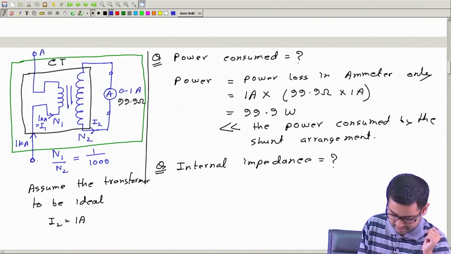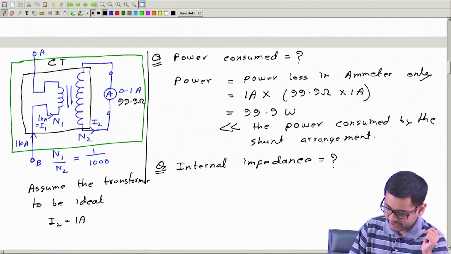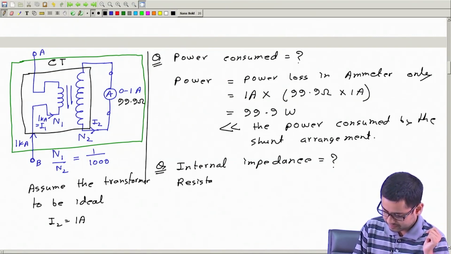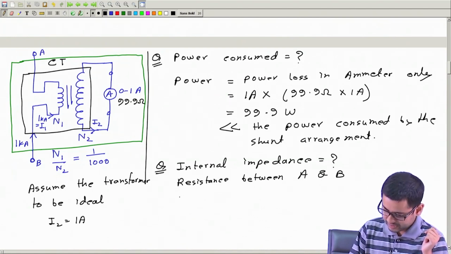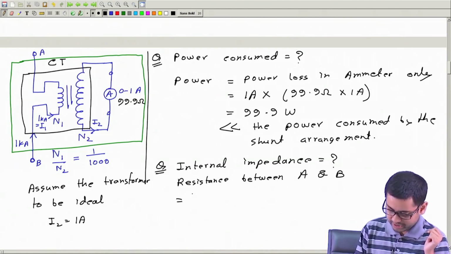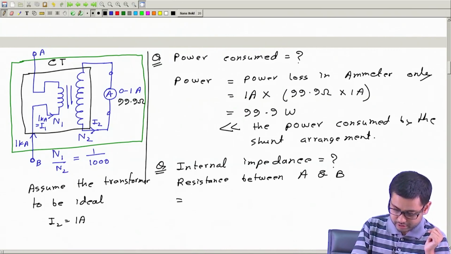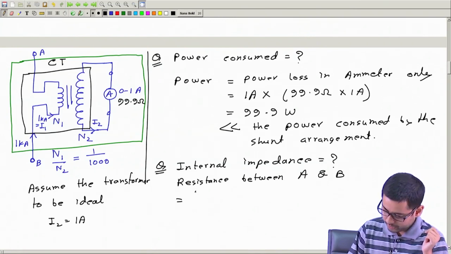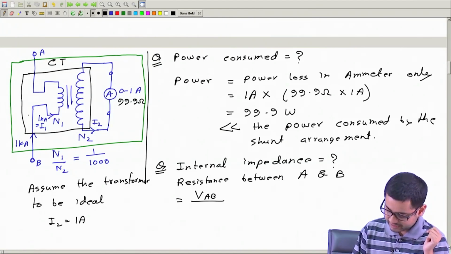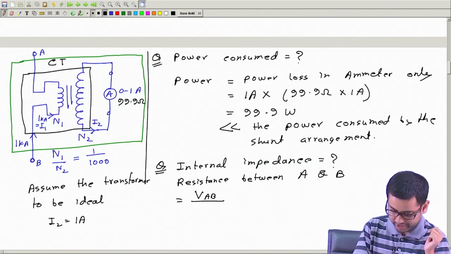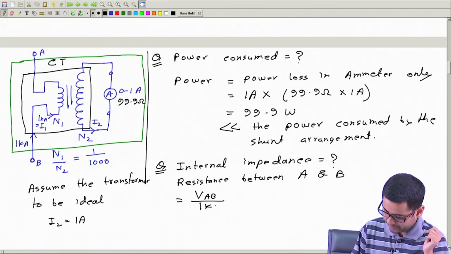Call the terminals A and B. So the impedance or resistance between A and B will be the voltage that will appear between A and B, VAB, divided by the current that is flowing from A to B, which is 1 kiloampere.